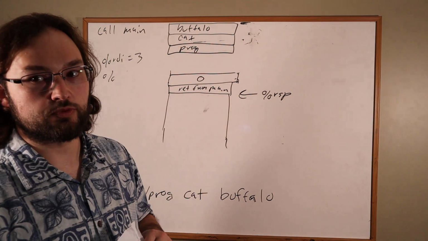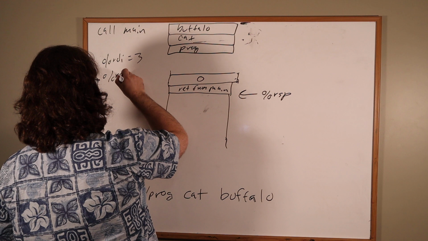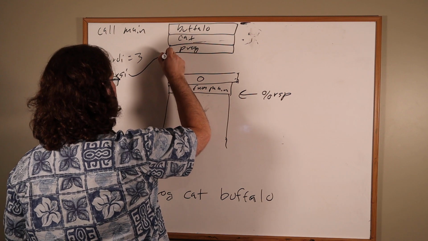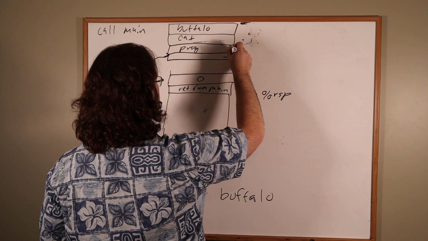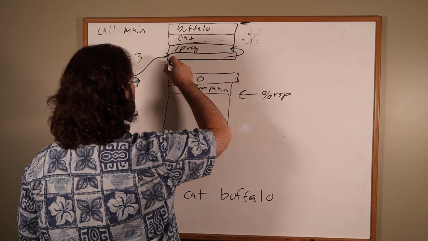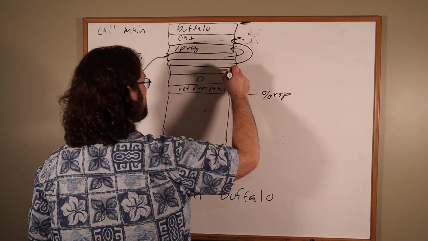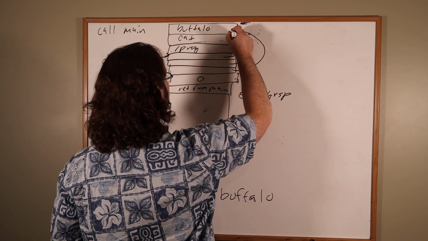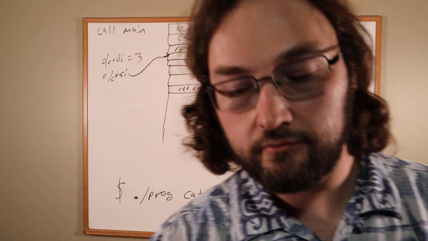These are different lengths. There's probably alignment requirements here that are going on. But here we have RSI, which is pointing to there. And then this says something like this. So all of that content is on the stack.